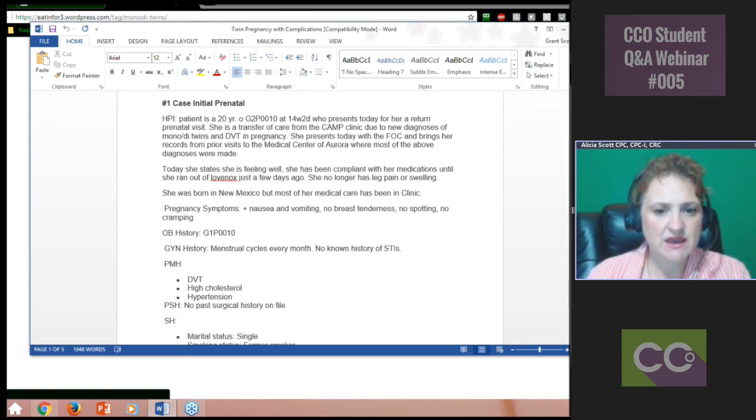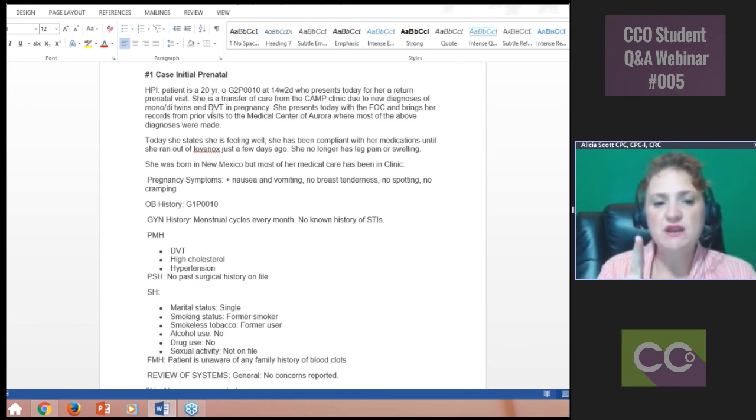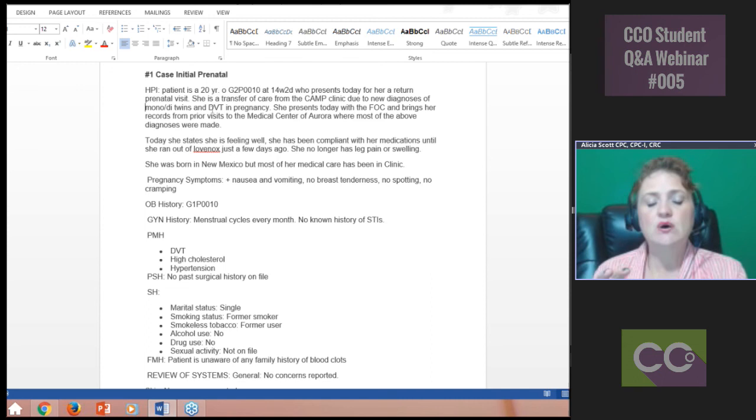So back here, we know we have two complications. One, she's got a DVT. That's a major complication. Two, she's got monodi twins. So we'll go in and look, and it'll explain what her situation is, whether it's two placentas or one placenta.